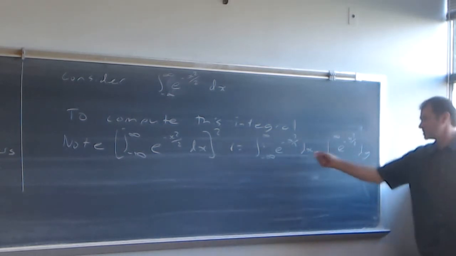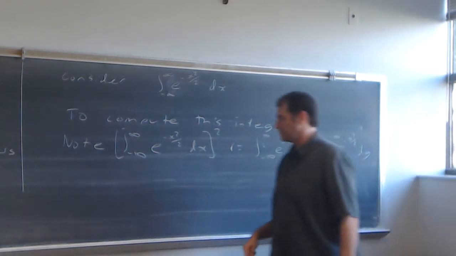Symbolically they're the same; we're multiplying together, so this is the square.